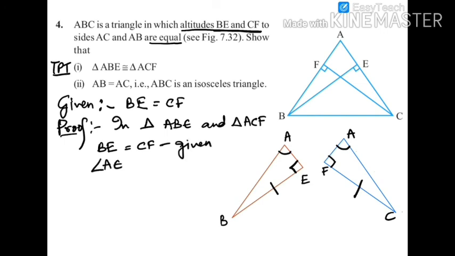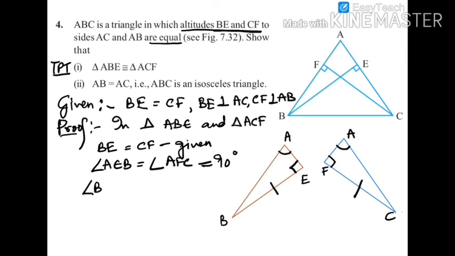Angle AEB is equal to angle AFC. Each is 90 degrees, as BE and CF are altitudes to AC and AB.